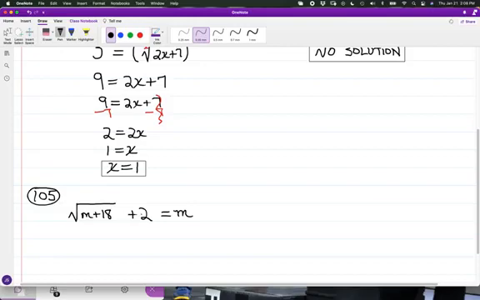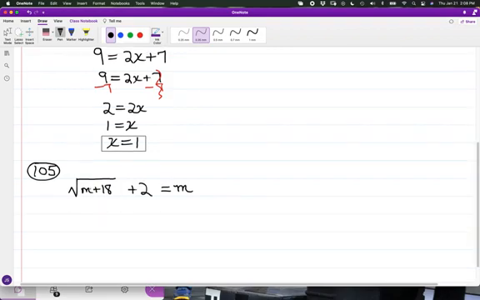So m appears twice. Now we have one radical expression with the square root of m plus 18.